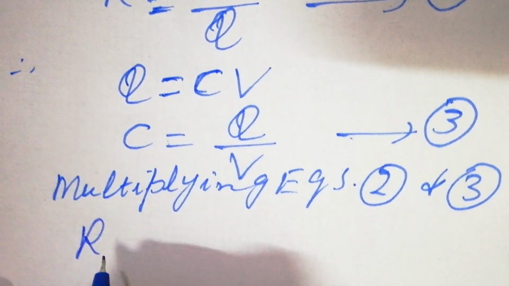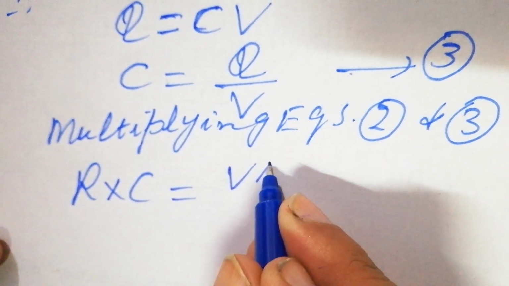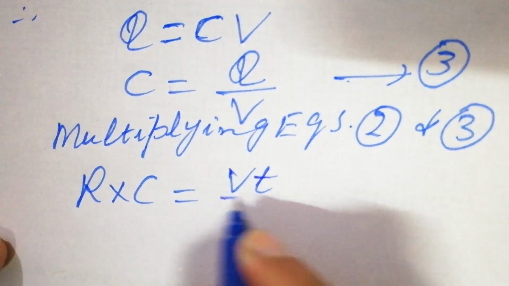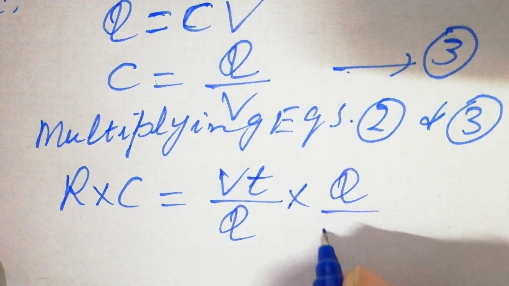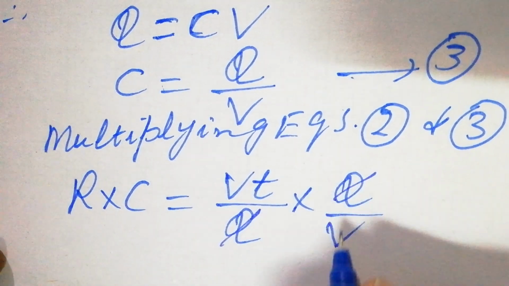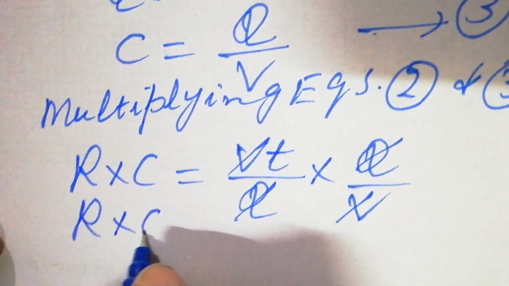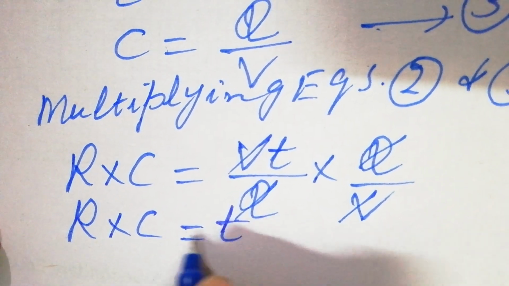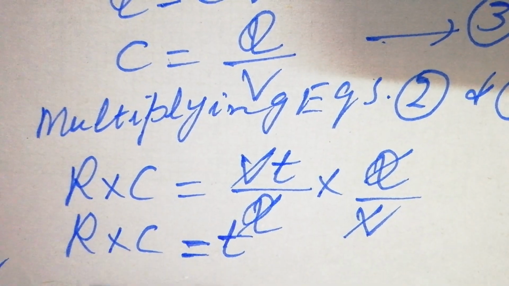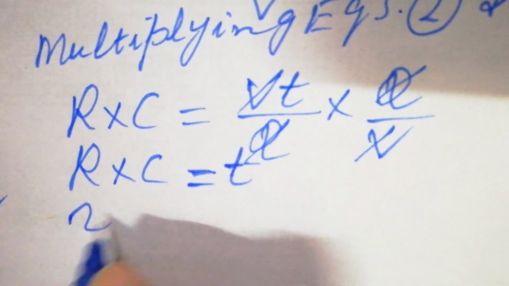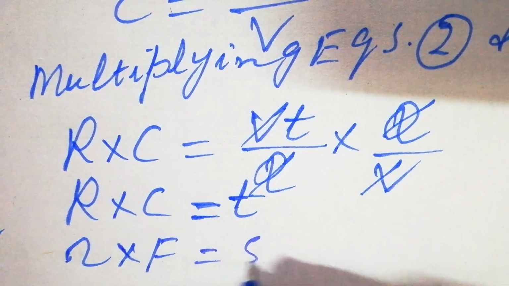So we get R into C is equal to Vt over Q into Q over V. So Q is cancelled by this, V is cancelled by this, and we get R into C is equal to time constant T. The unit of resistance is ohm, the unit of capacitance is farad, and the unit of time is second.